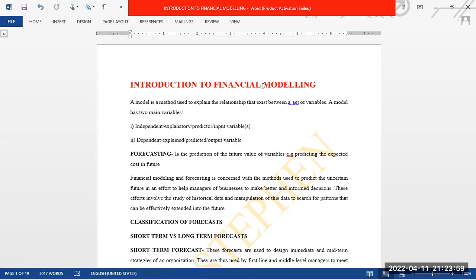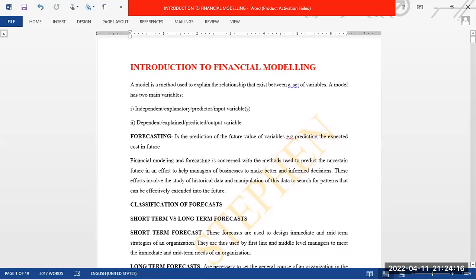So for recap, we looked at what a model is, then main variables. We had independent variables, dependent variable, then forecasting, then classification of cost or classification of forecasting.